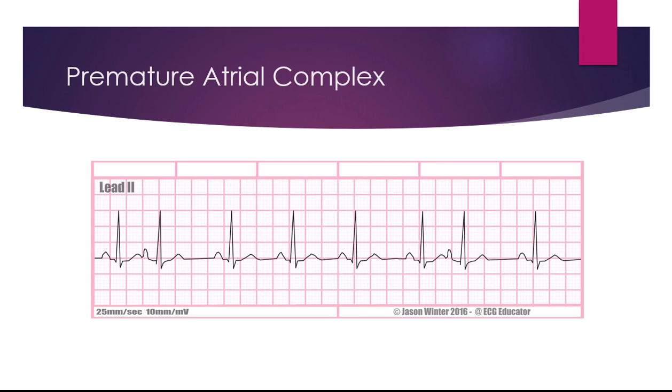When the rate is fast, above 100, the compensatory pause will either be more difficult to identify or you won't see it at all. So in this one, we would have a compensatory pause, and then it picks back up into the normal underlying beat. And then we have an early one, and then the compensatory pause.